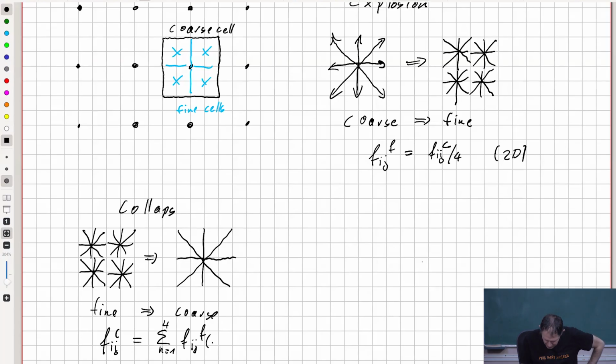Okay, so there's 1, 2, 3, 4, n equal to 1, 2, 3, 4. And this would then be combined with acoustic scaling. I mean, if you do it this way, you have to use acoustic scaling.